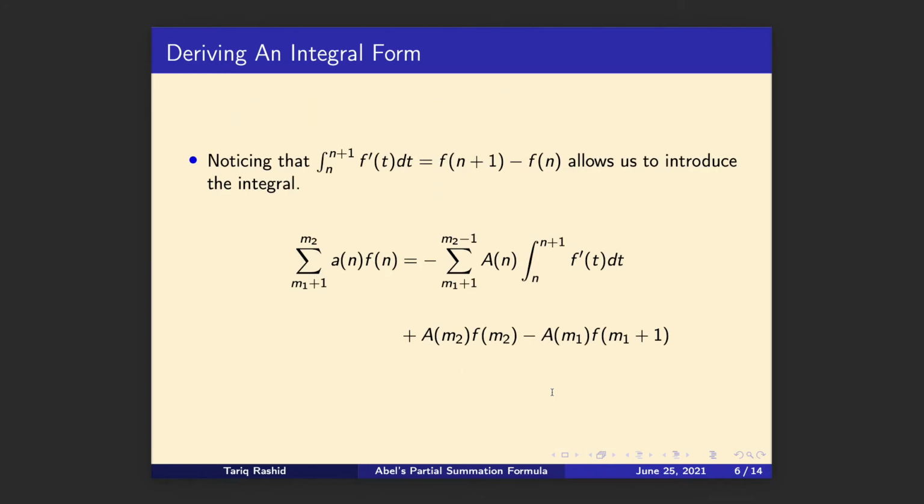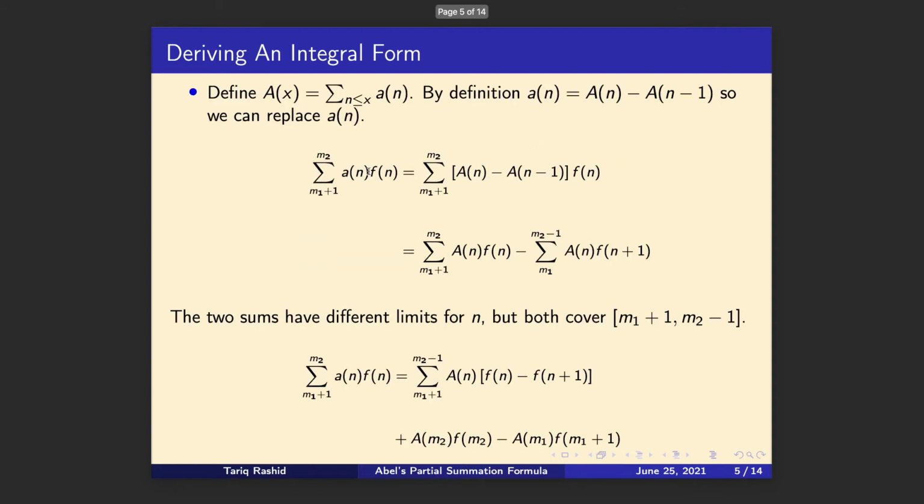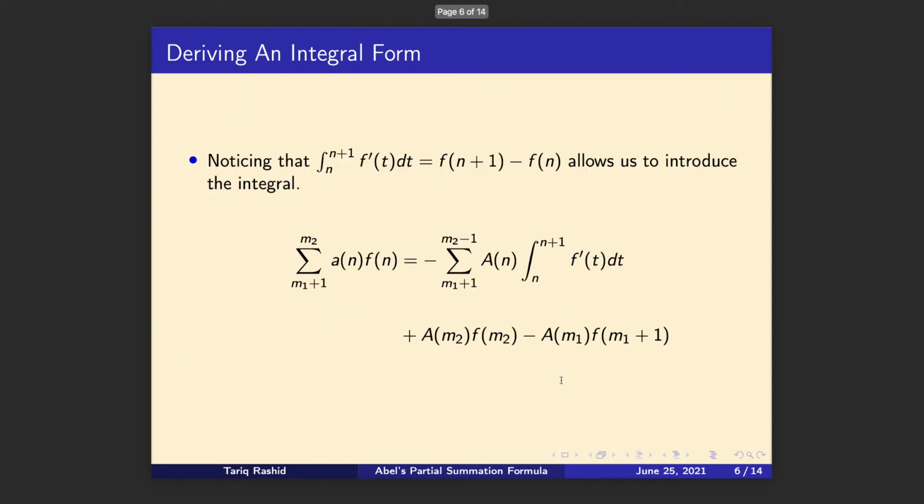Now we're going to make the key jump, which allows us to introduce the integral. We're going to notice that fn plus 1 minus fn is actually the integral from n to n plus 1 of the first derivative of f. That's a general statement. We've noticed that this thing here is of that form, it's fn minus fn plus 1. So we can use that over here.